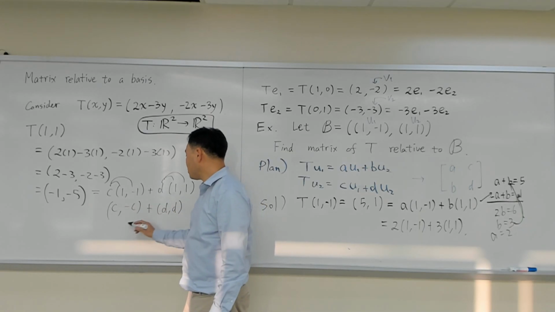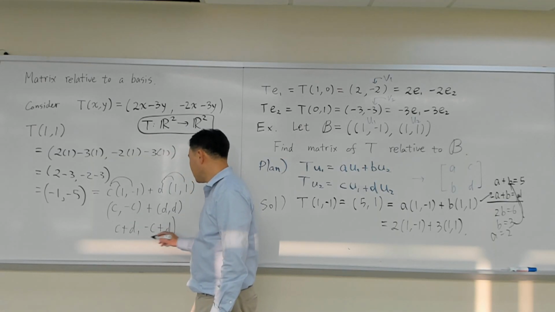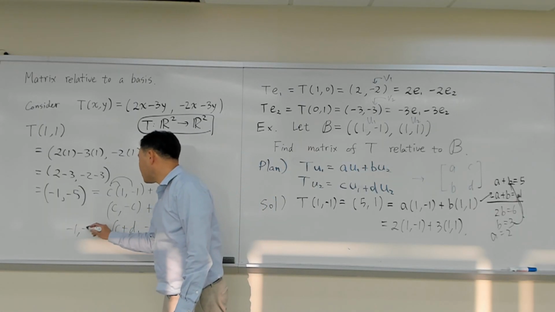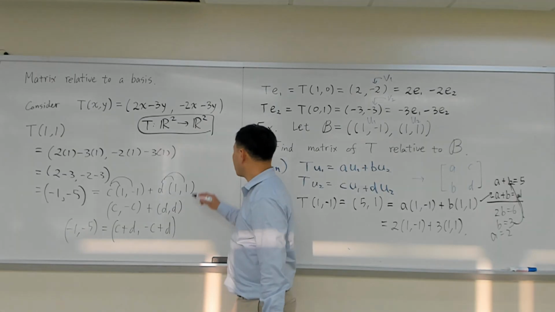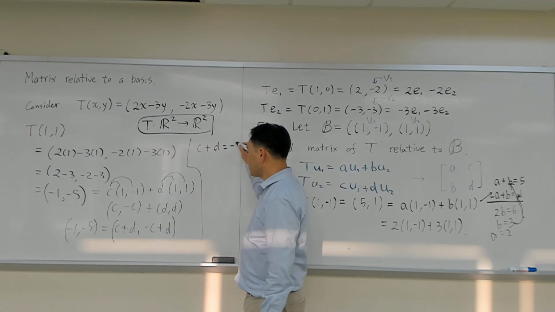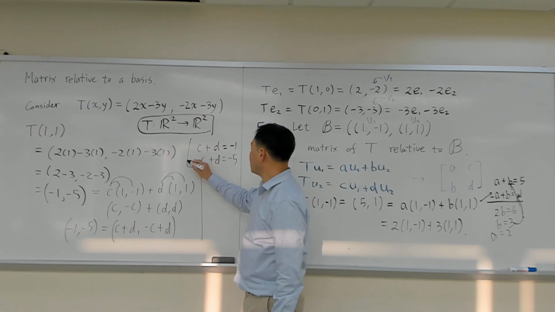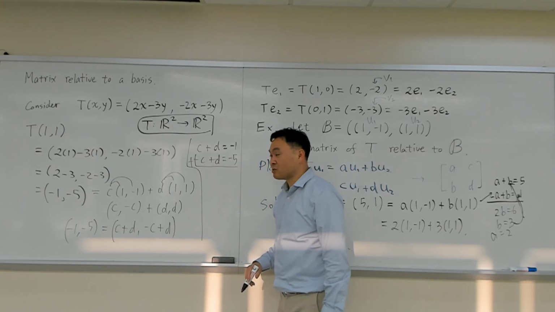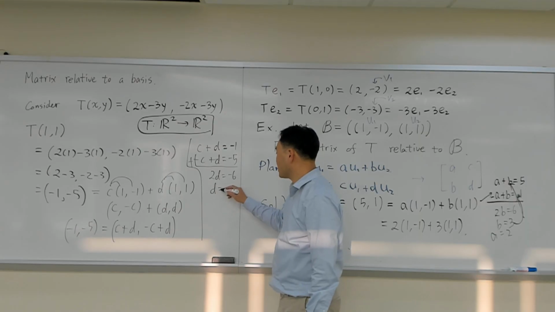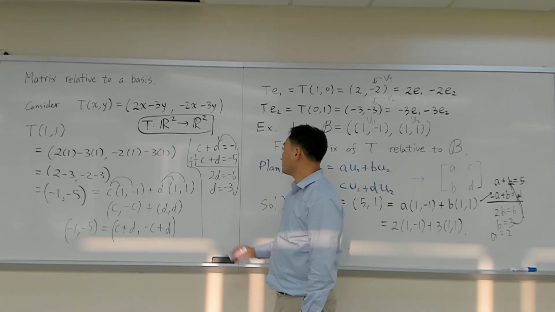And if you add these two, you get C plus D, negative C plus D. Okay? And that has to equal negative 1, negative 5. So that's going to give you C plus D equals negative 1, negative C plus D equals negative 5. A quick way to calculate this is to add them. You get 2D equals negative 6, which gives you D equals negative 3. Plug that back in here, you see that C has to be 2.